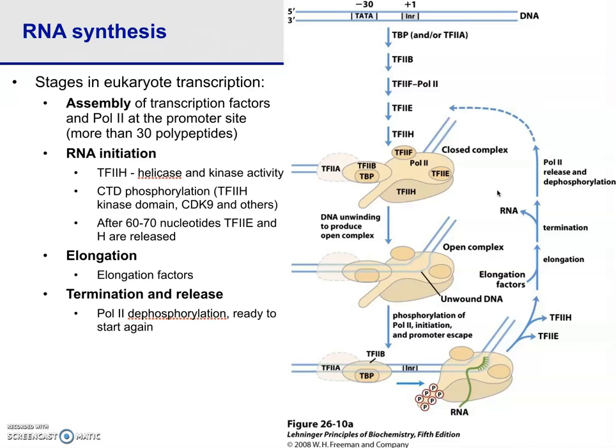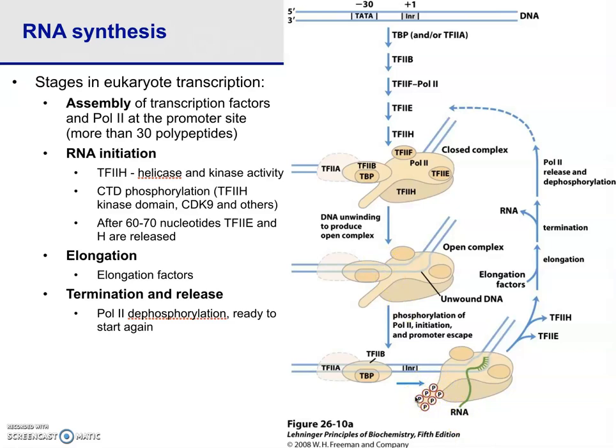Transcription factor IIH has a kinase and a helicase activity. It's important because that activity will be used for the formation of the transcription bubble or transcription window, whatever you want to call it. And also with its kinase activity and with the help of cyclin-dependent kinases such as CDK9, the C-terminal domain of the RNA polymerase will be phosphorylated.